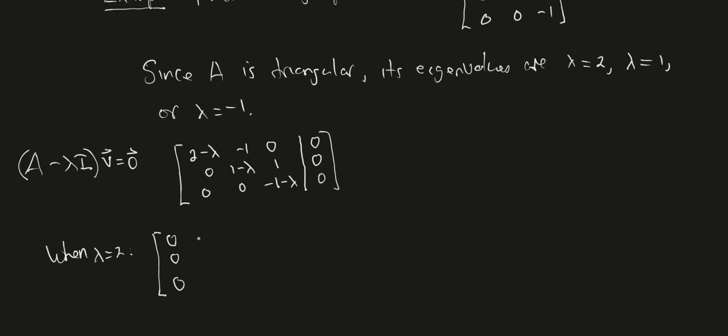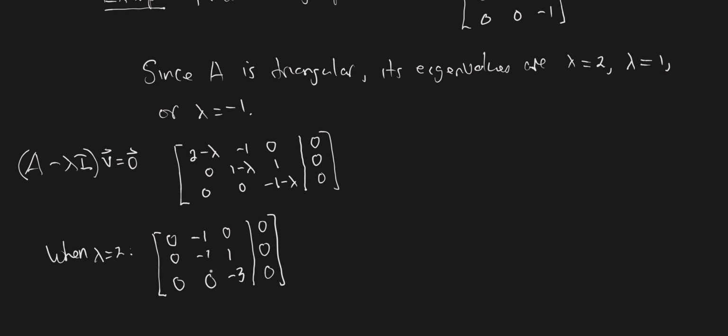And then we'll have the -1, and then when I plug 2 in here, I'll have 1 minus 2, so that's -1. Then I'll have a 0, and then here I'll have a 0, a 1, and then -1 minus 2, that's -3, and this is what our system looks like, right?